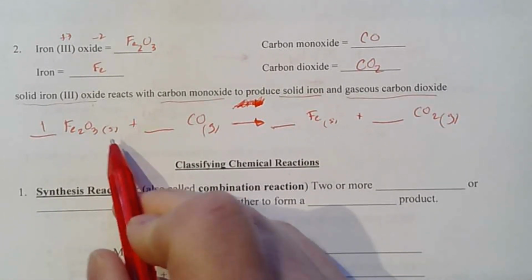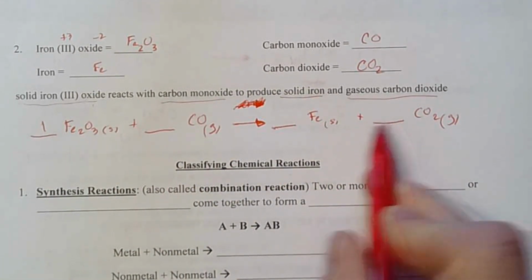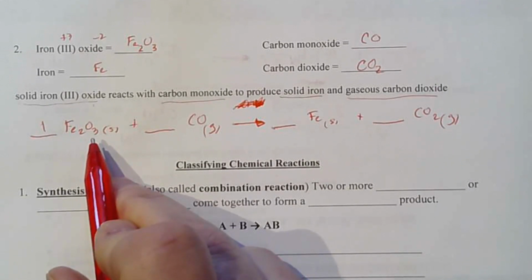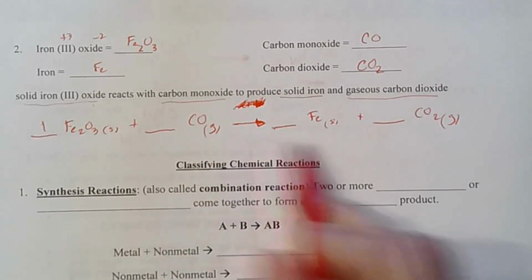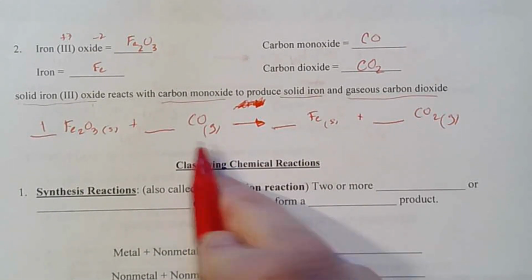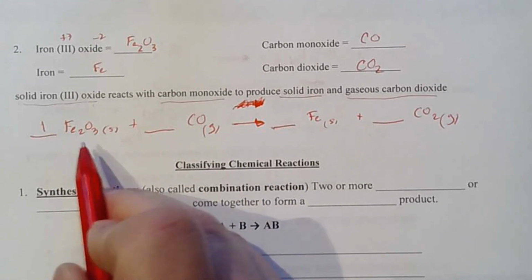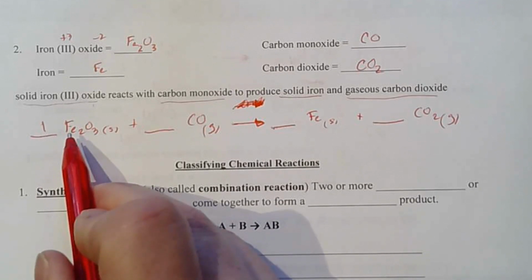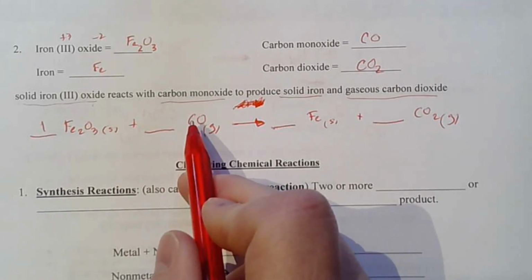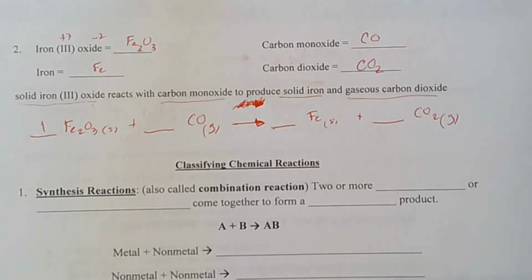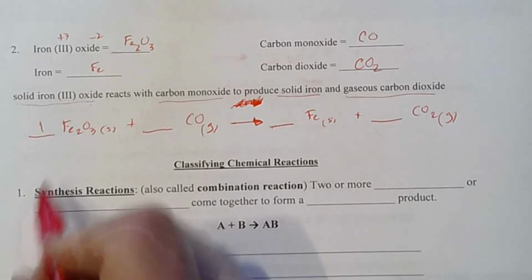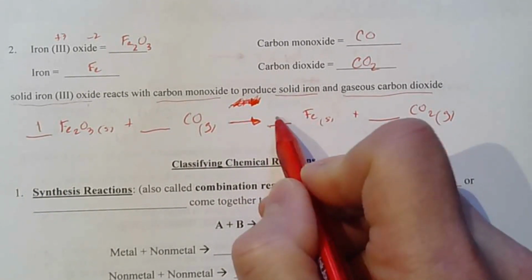And remember, I've got oxygen in this compound, and this compound. So I do not want to start with the oxygen. I want to end with the oxygen. My game plan is to balance the iron first, then the carbon, and then see if the oxygens can balance. So I've put a 1 here. That means I've got a 2 there.